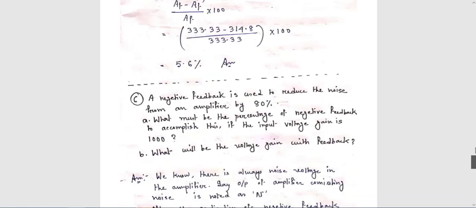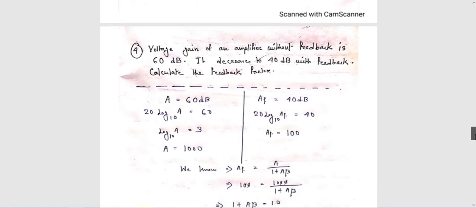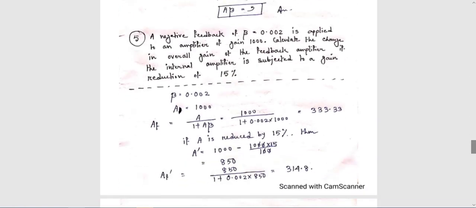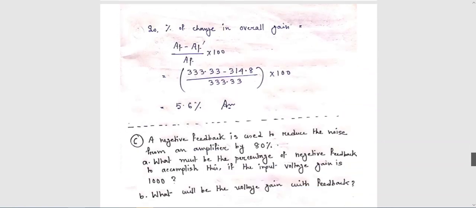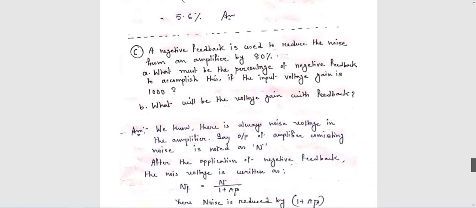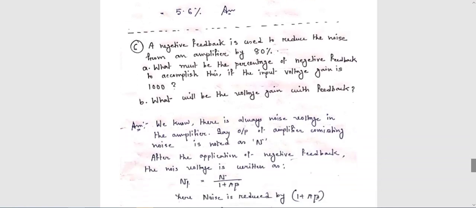Next question, this is a tricky question, because the language is quite ambiguous. Again I am saying, when you solve any numerical problem related to feedback or op-amp or filter, first read the question carefully. Next numerical: a negative feedback is used to reduce the noise.